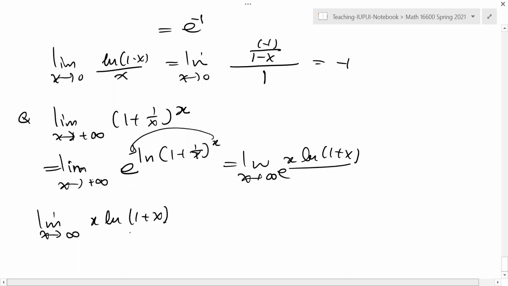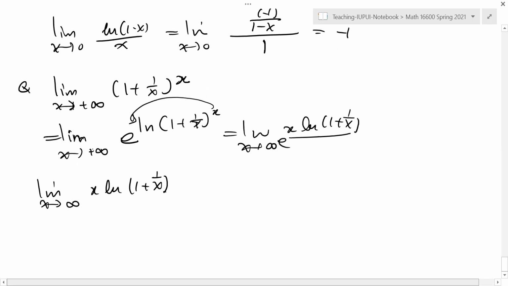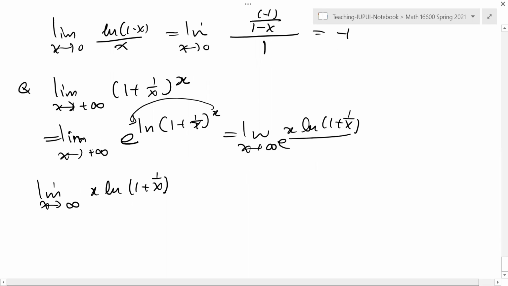In order to find this limit, you change it to the quotient. Now, I think we did this problem before. The limit is going to be 1.